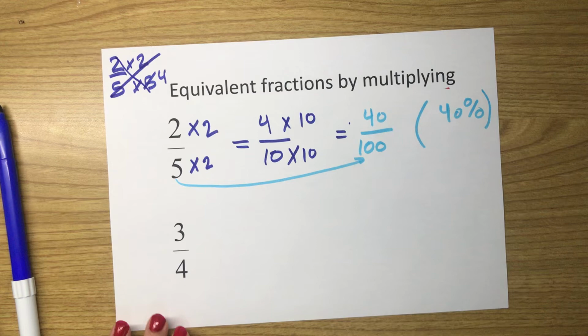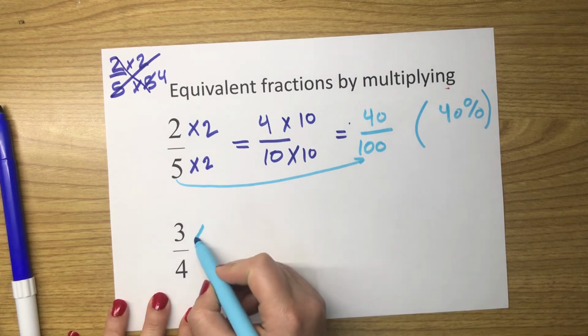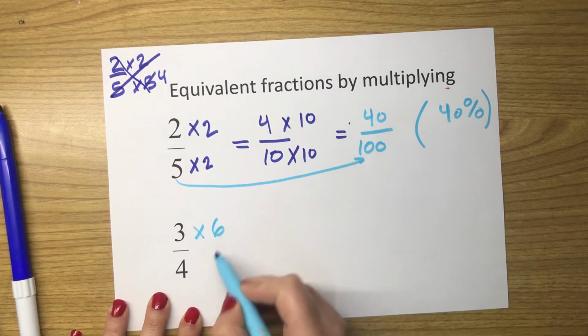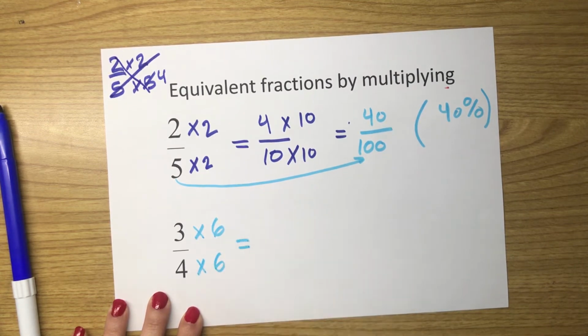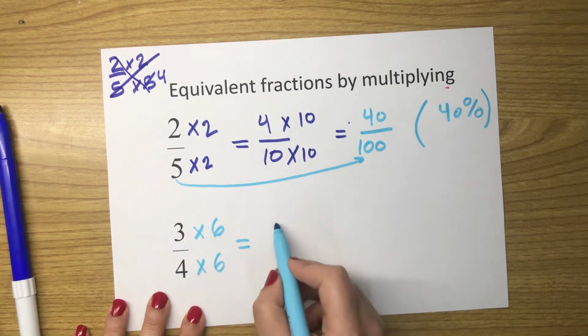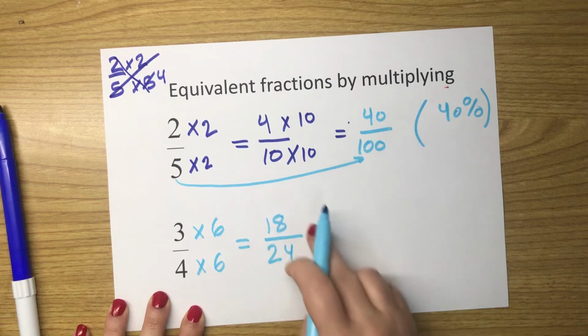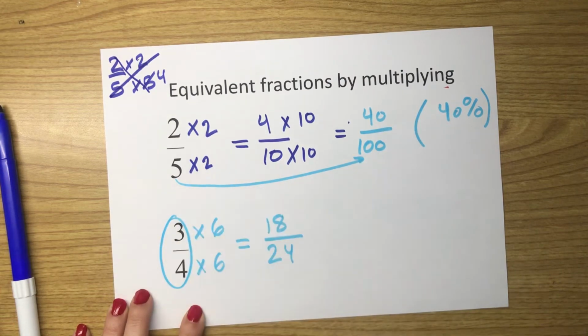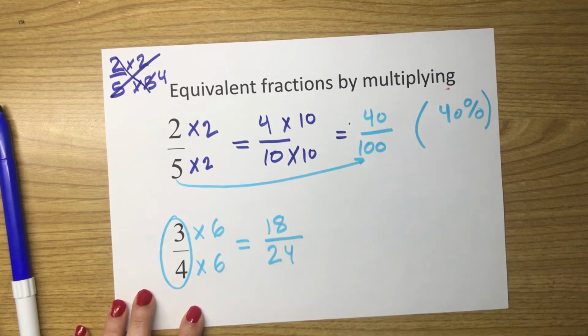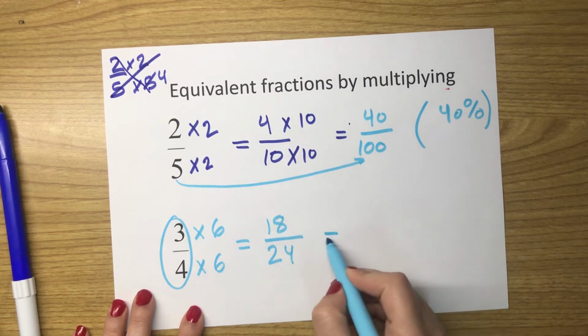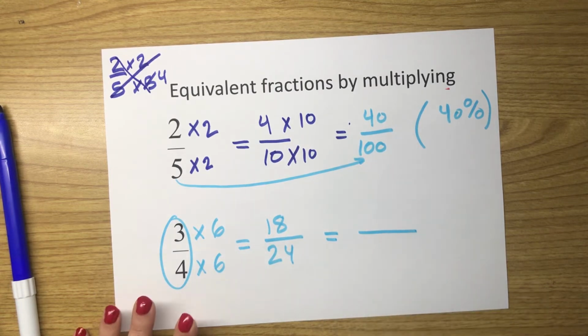Okay, about 3/4. I want to multiply it by 6. In this case, 3 times 6 equals 18 over 24. So 18 over 24 equals 3/4. Okay? Can you change 3/4 into a denominator of 100?